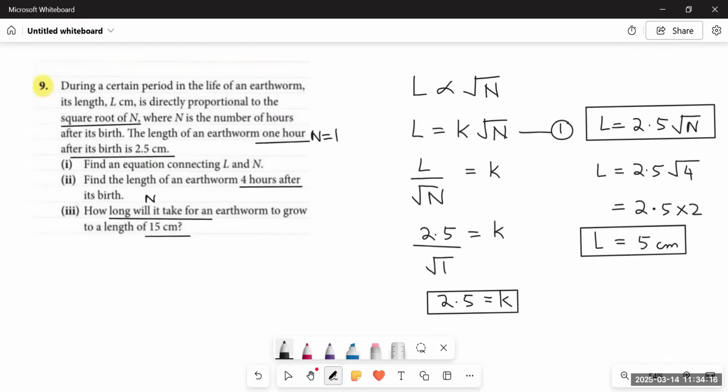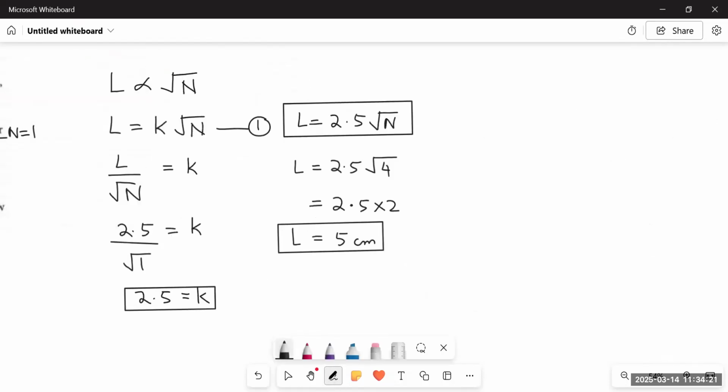Now L is given as 15 and we have to find out N. Using the equation L is equal to 2.5 under root N, we substitute 15. 15 is equal to 2.5 under root N. Next, we remove 2.5 from here and it becomes 15 upon 2.5. When we divide 15 by 2.5, the answer is 6.